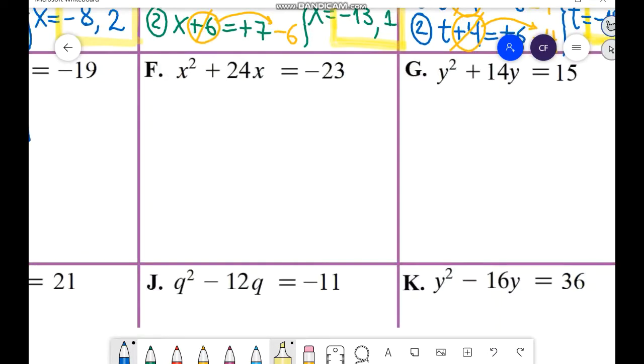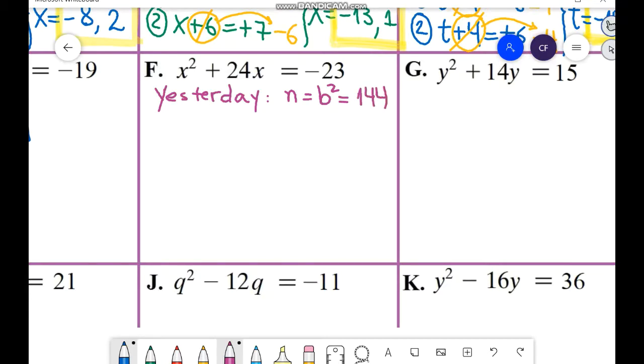For letter F, let's remember what we worked on yesterday. Yesterday we found n equals b squared equals 12 squared, 144.